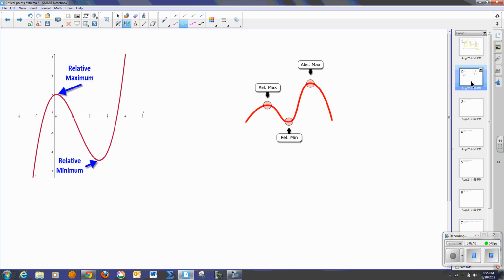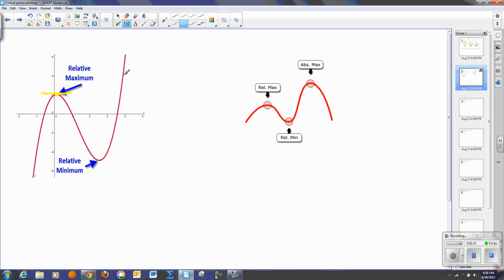So, in looking at these curves, we say that we have maximum and minimum values. Well, this point right here, if I were to draw a tangent line through it, or a horizontal that is tangent to the curve in this case, all right, we say this is a relative maximum.